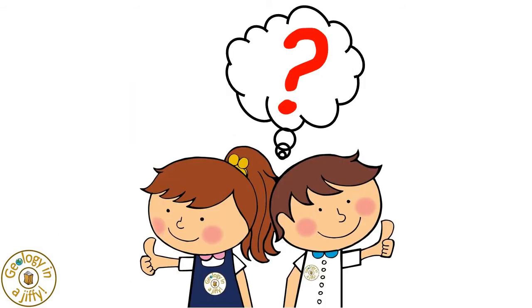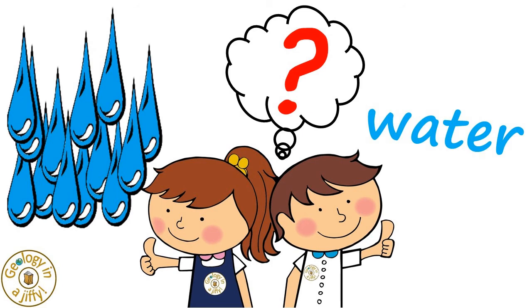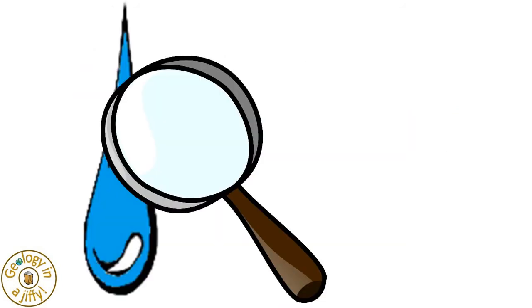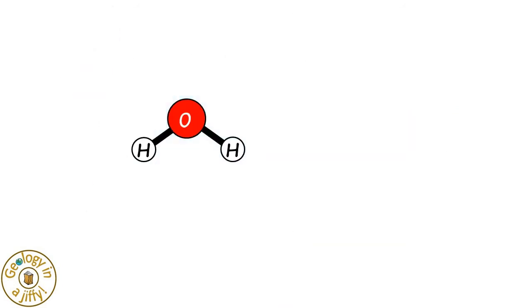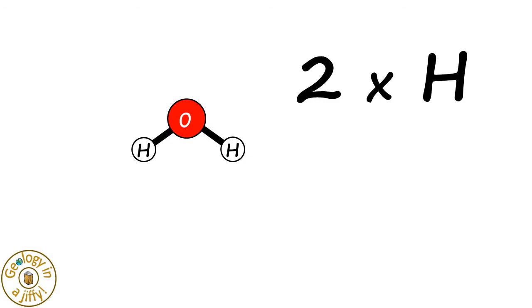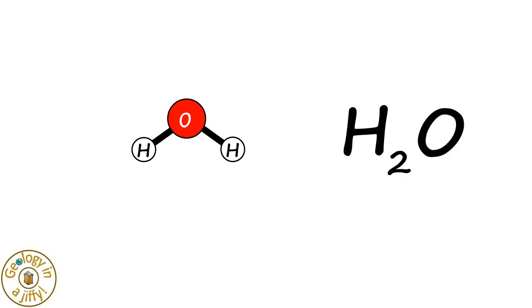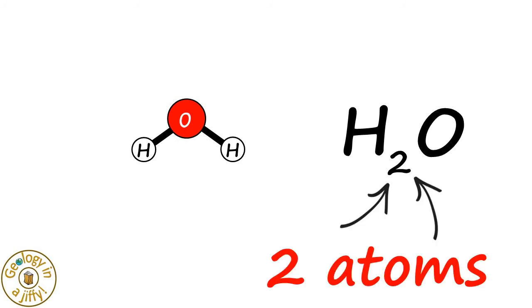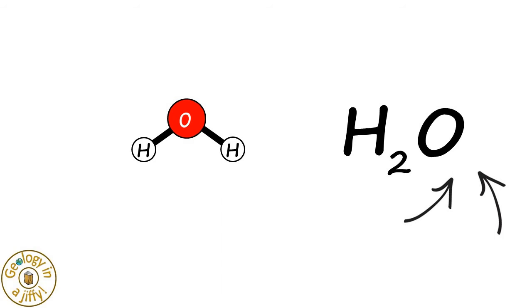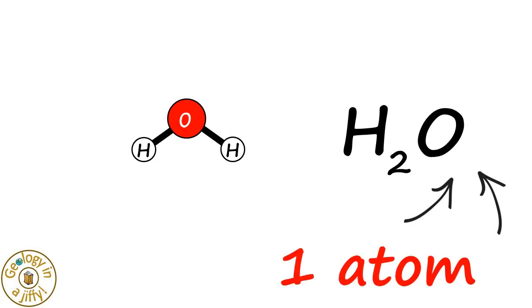Let's look at an example to show all of this: water. If we could look into a water droplet, we would see a water molecule composed of two hydrogen atoms bonded with one oxygen atom. The formula for water is H2O, the subscript 2 meaning there are two atoms of hydrogen. The fact that there is no subscript 1 after the O means there is one atom of oxygen in water.